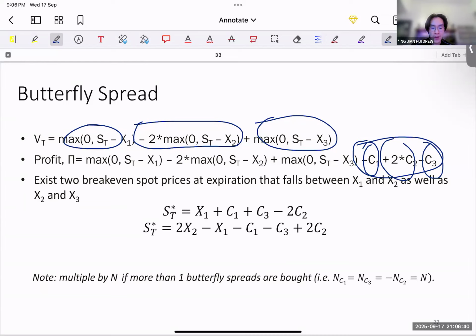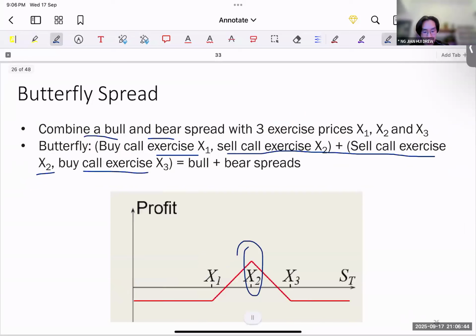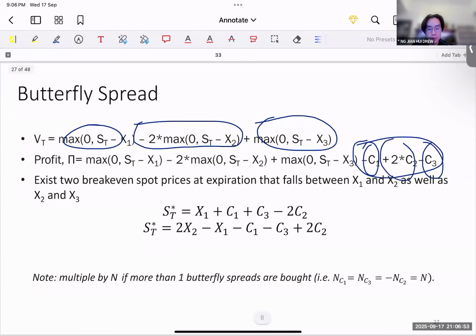So in the event of a break even, going back to the diagram, the break even happens here, right? One break even, two break even. So there are two break evens, one between X1 and X2, the other between X2 and X3. The first is between X1 and X2. What's happening here is just X1 plus the cost relating to the butterfly spread strategy.